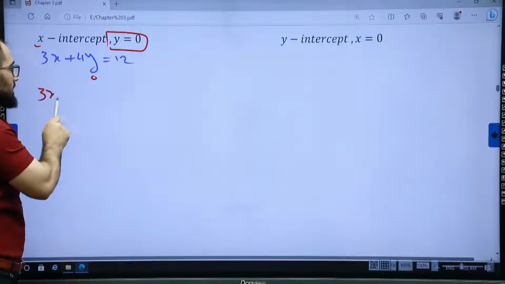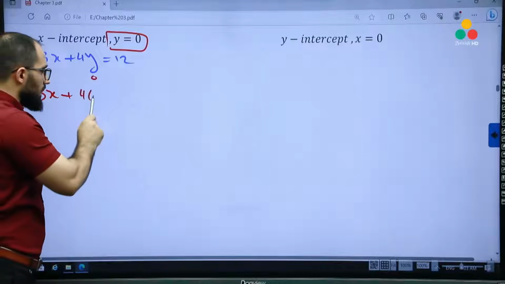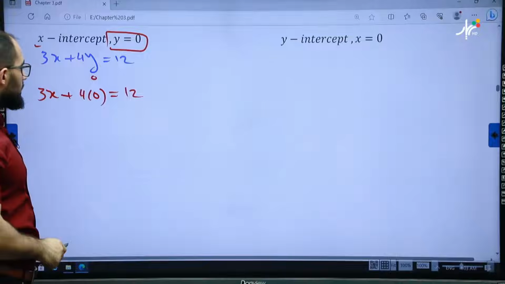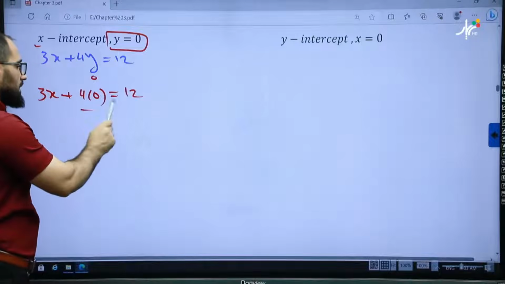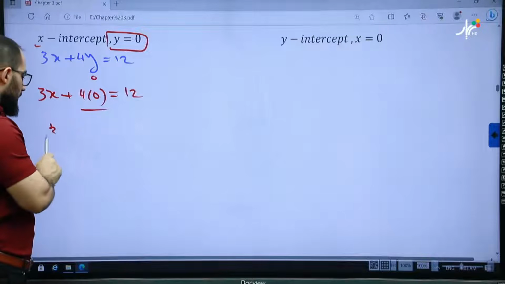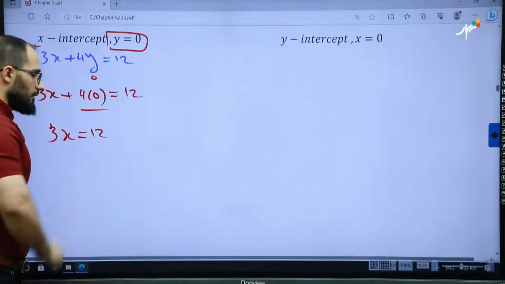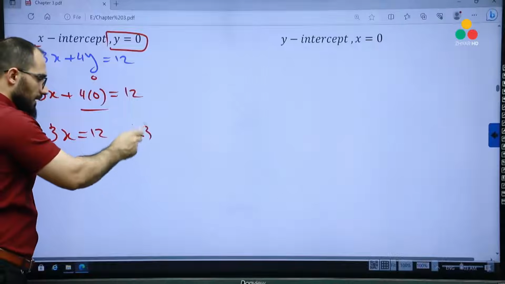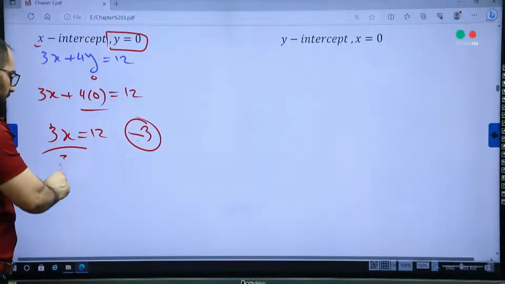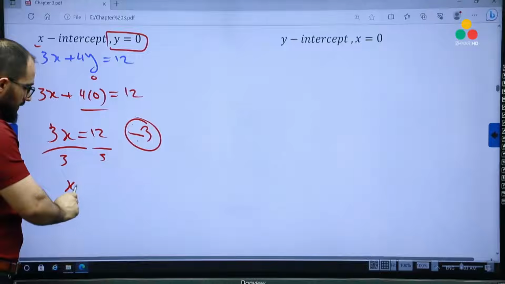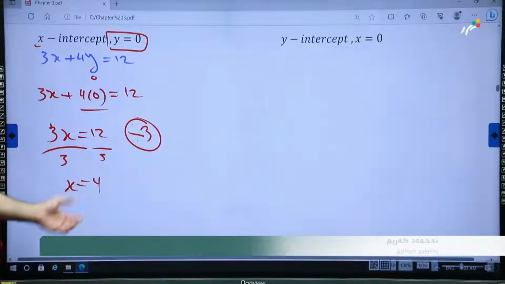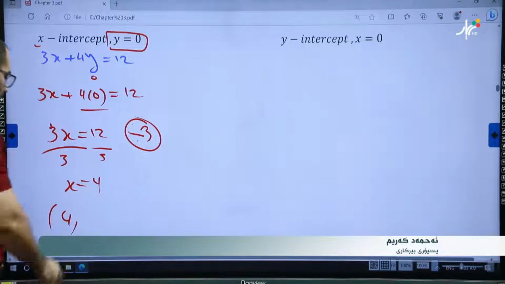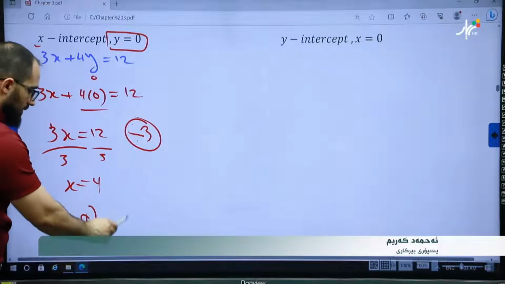It means 3x plus 4 times 0 is equal to 12. 4 times 0 is 0, so only 3x is equal to 12 is left. To find the value of x, divide by 3 on both sides, so x is equal to 4. X is equal to 4 and y was 0.